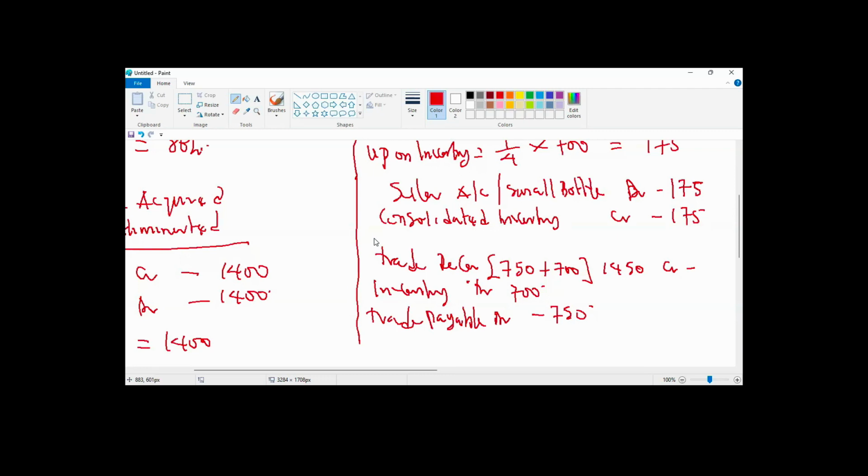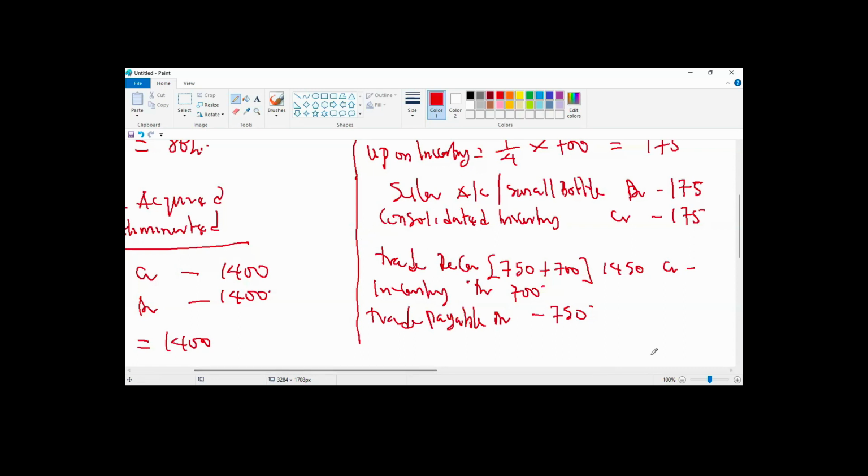Okay. The next additional information. Big Bottle Limited had not accounted for dividend receivable from small bottle, but they've made provision for it, not accounted. We are looking at it.